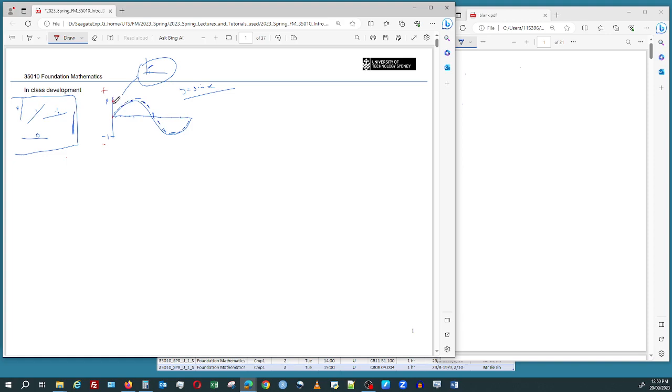And then we'd have less steep, and eventually we get to 0, reducing all the way down. And then we've got this point here, it's maximum steepness in the negative sense. And this one here, 0 again, so it's back here.